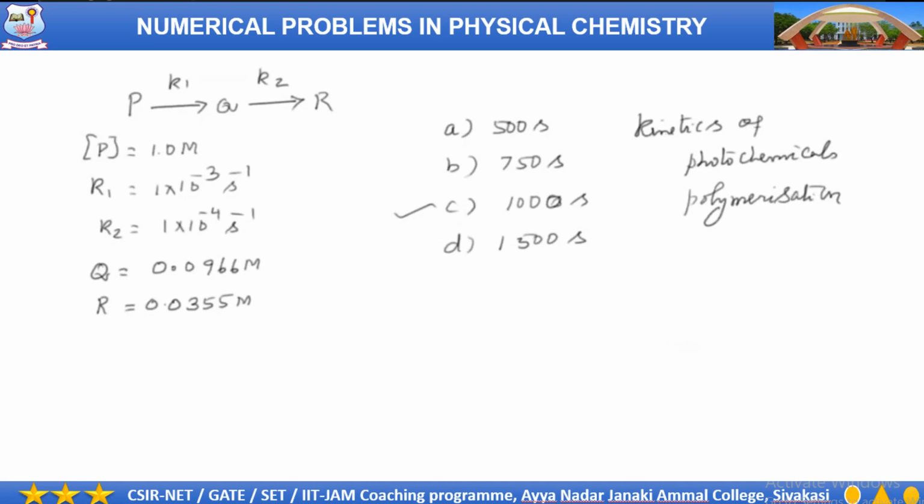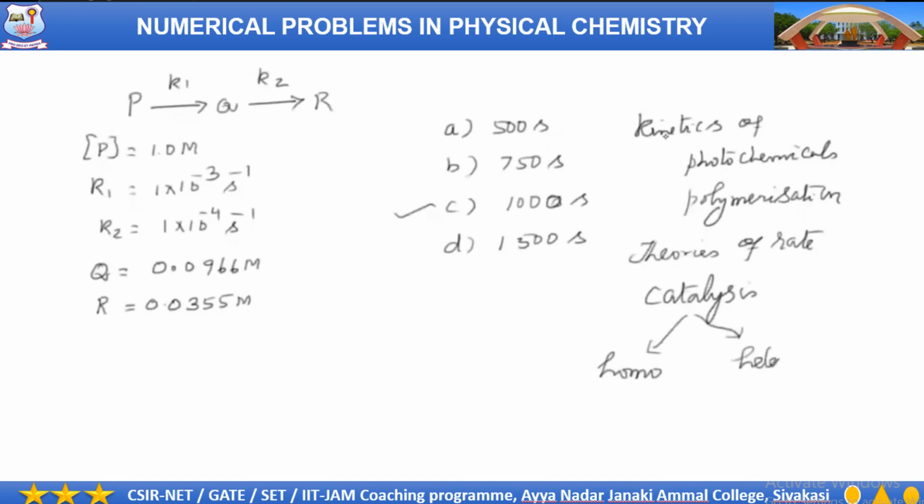Then next are the theories of rate or rate constant: collision theory, the Lindemann hypothesis, and the activated complex theory, etc. The last one is catalysis, homogeneous catalysis and heterogeneous catalysis.